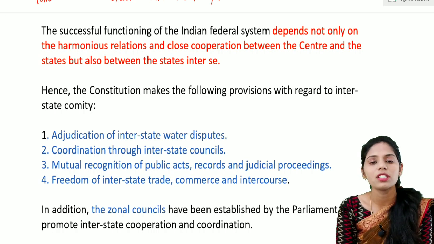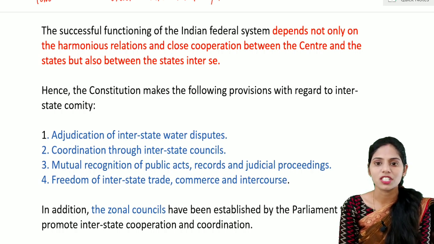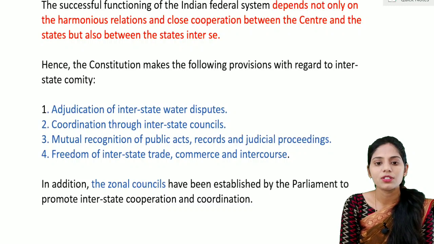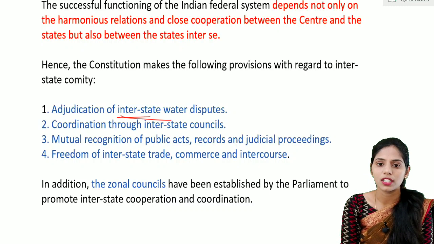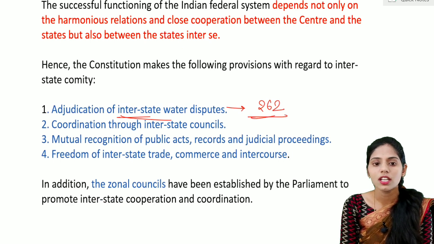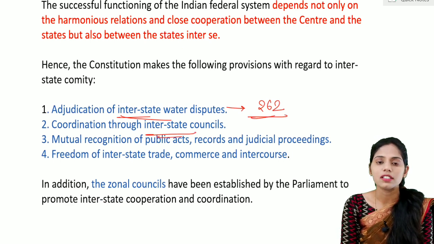So hence our constitution makes the following provisions with regard to the interstate committee. They include 4 important things. The first one is adjudication of interstate water disputes, under Article 262 of the Indian Constitution, and coordination through the interstate councils according to Article 263.